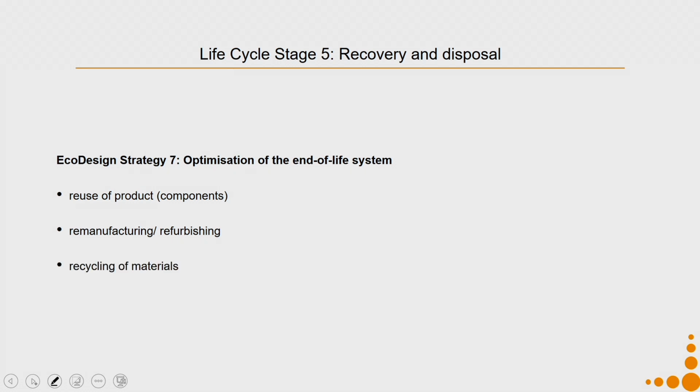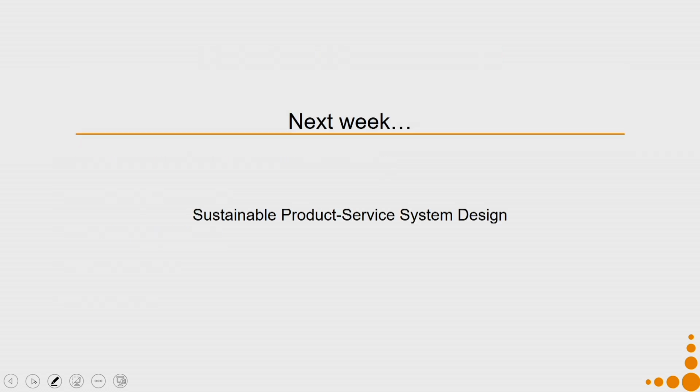There is a buyback for refrigerators. Why? Because a part of the product components can be reused, or they can be remanufactured or refurbished, or you can do recycling of the materials, or you can do safe incineration, because many materials can release toxic items when they are being incinerated.